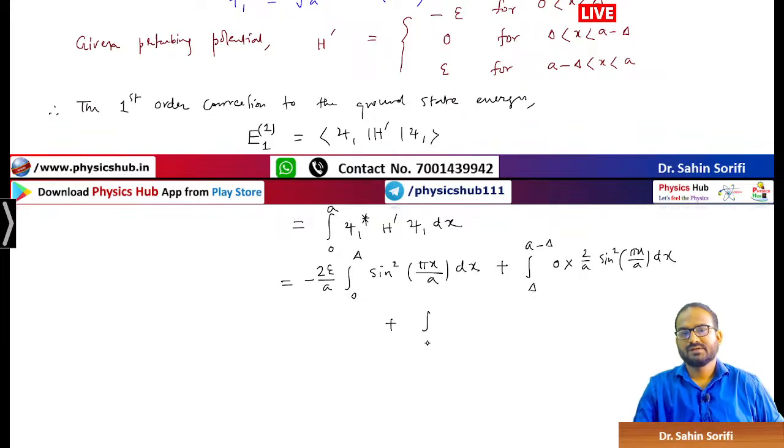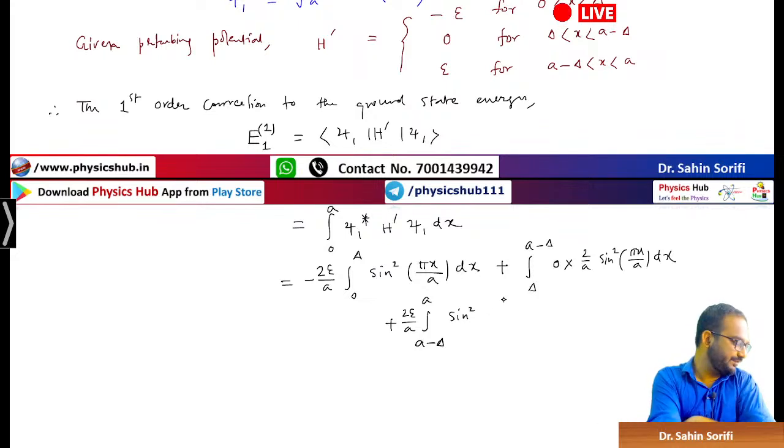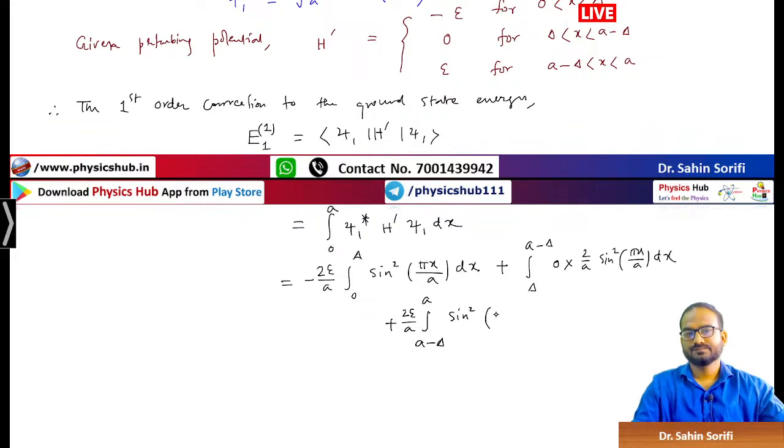Plus, from A minus delta to A, it becomes 2 epsilon by A sin square pi x by A dx. Is it clear?